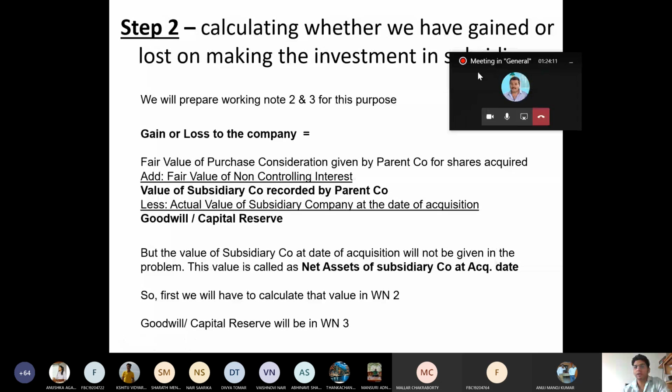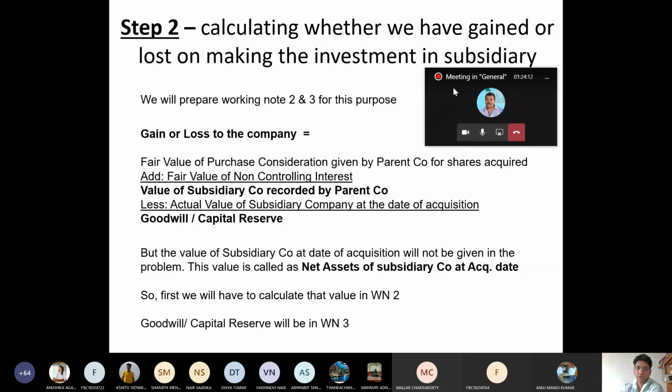ACCA will not give you this actual value of subsidiary company on the date of acquisition. So this value is called net assets of subsidiary company at the acquisition date. At the acquisition date I am saying, not on balance sheet date.